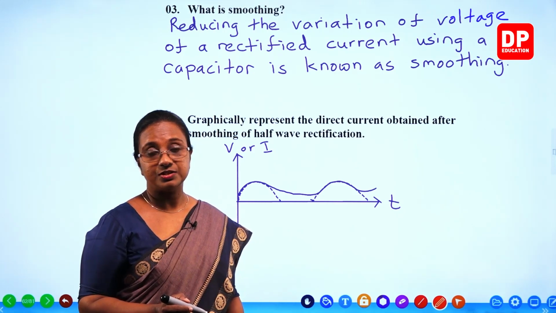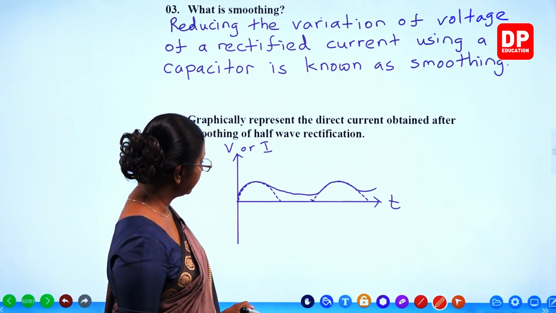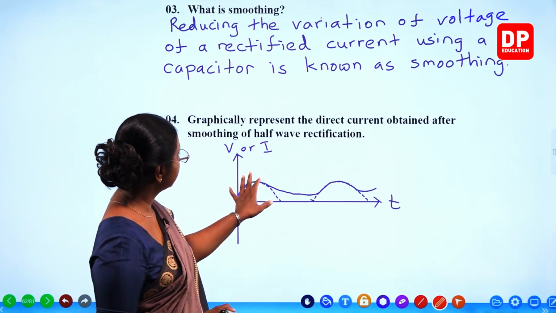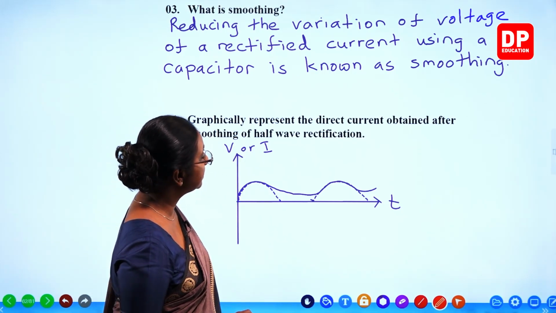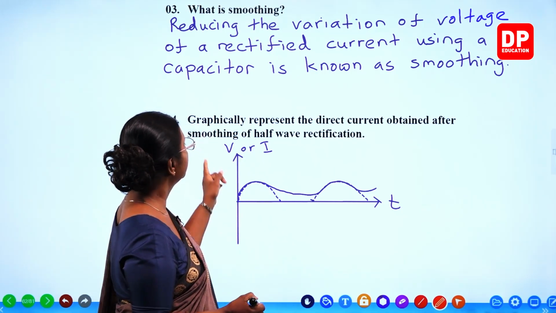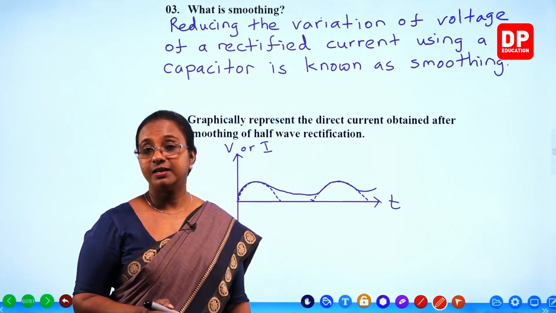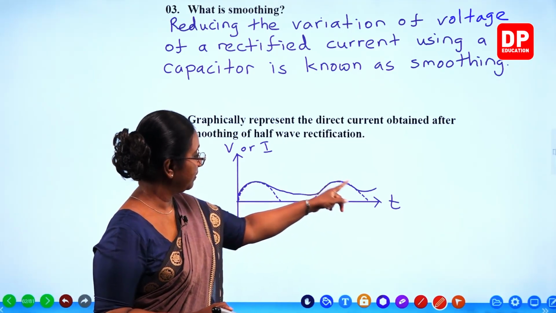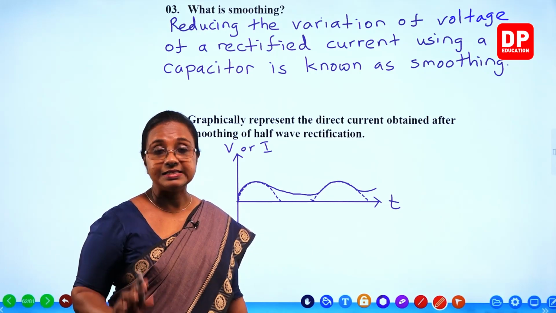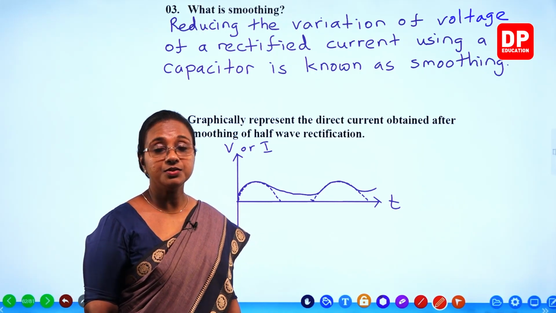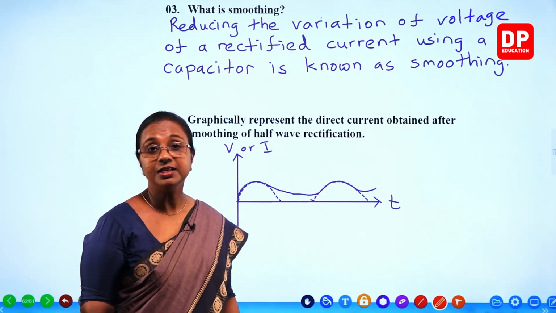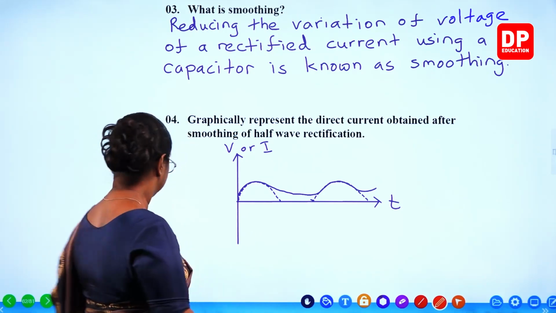Is that clear, students? So, this is what happens there. So, this is the graph graphically represent the direct current obtained after smoothing of half-wave rectification. So, this is going to be the curve. Is that clear? So, then I will move on to the next question.